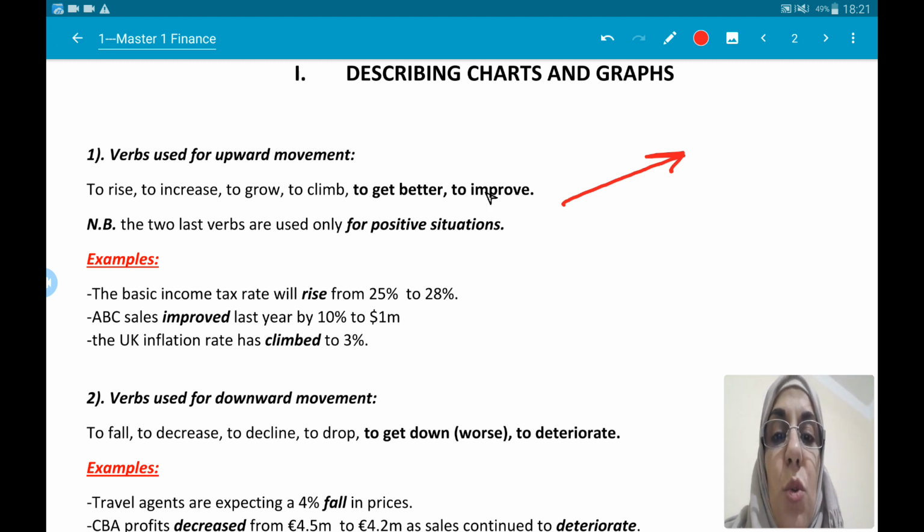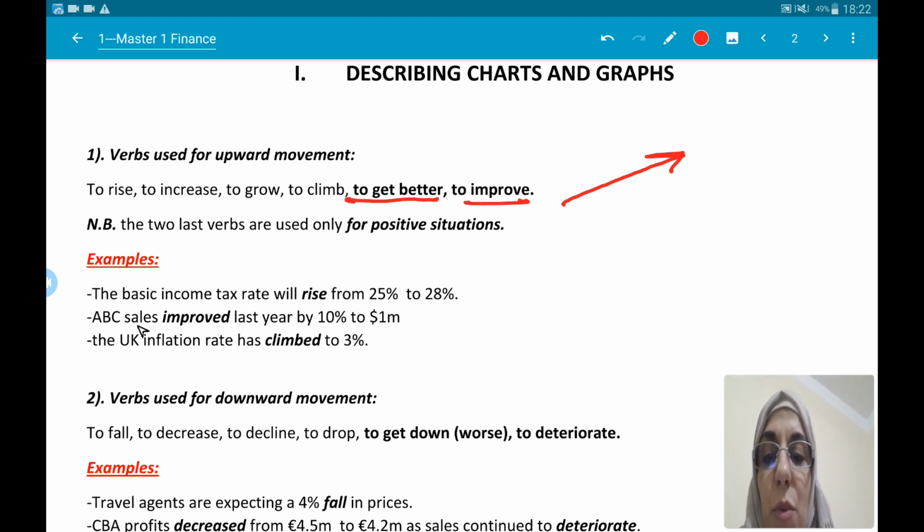Notice that the two last verbs, I mean to get better and to improve, are used only for positive situations. That is to say, when you want to talk about positive issues, positive changes, positive situations, you use these two verbs. You cannot use these two verbs for negative situations.